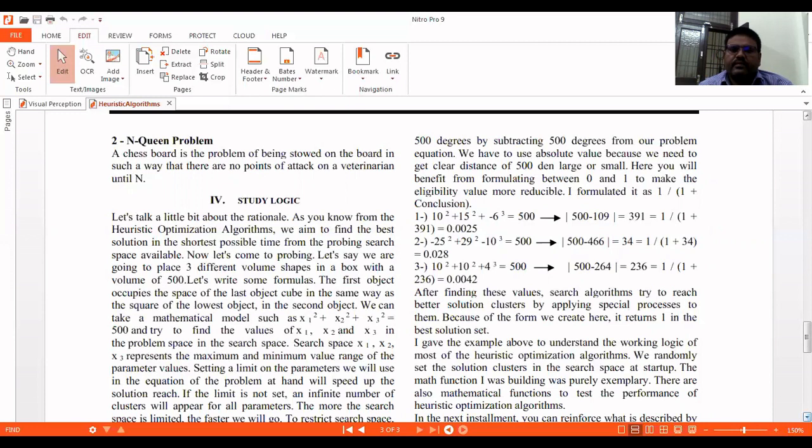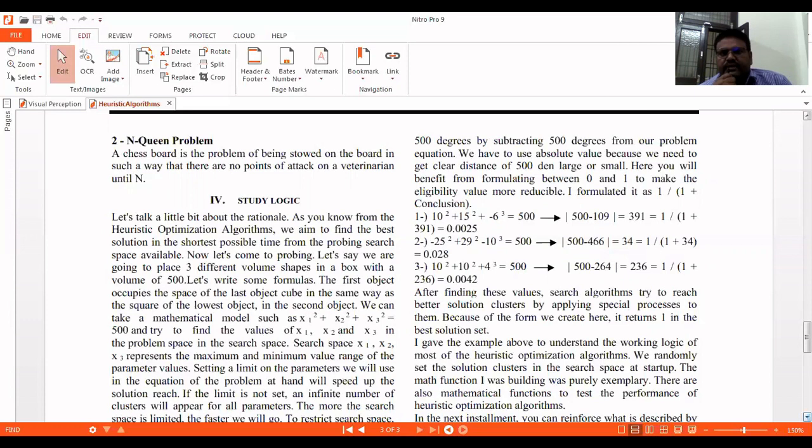Then 500 minus 109 equals 391, and 1 divided by 1 plus 391 equals about 0.0025, which is the fitness value of the first solution.